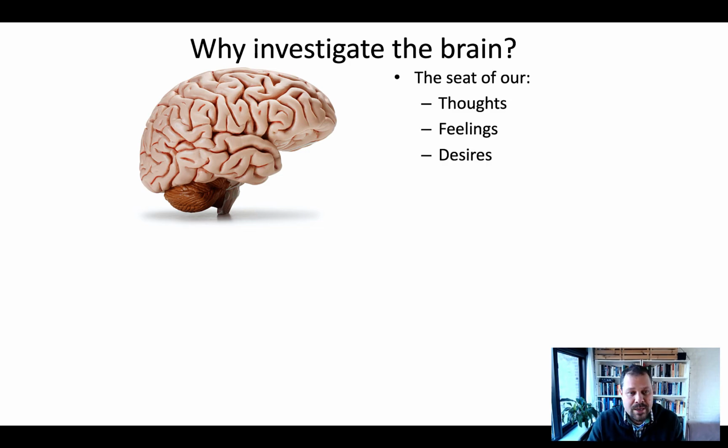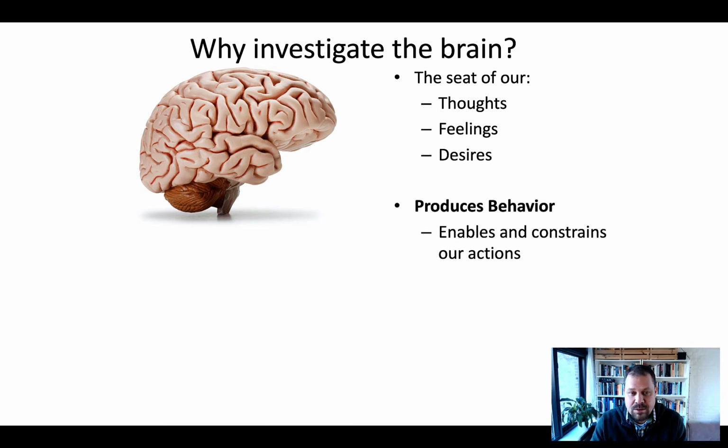So the brain is the seat of our thoughts, it's the seat of our feelings and our desires, and eventually it's the seat of behavior. It's what produces behavior, and that's what we're interested in, namely the particular kind of complex behavior that are economic decisions, that are social decisions. So the brain is the organ that produces and constrains our actions.